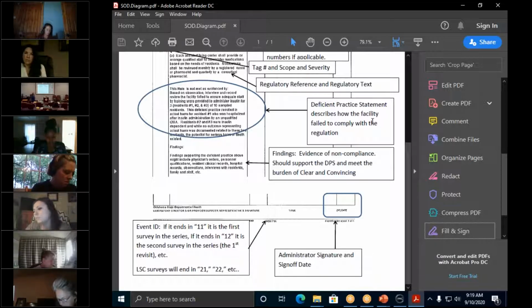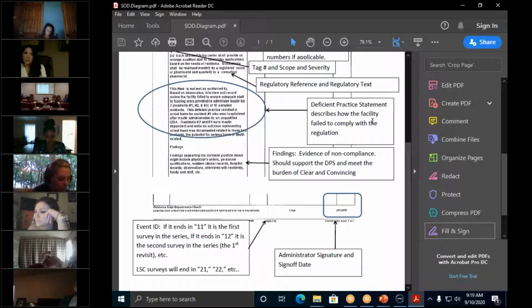There is a new email address that I will tell you about right now. If you want to send your POCs to it, it is only for enforcement. That way it's only coming to our team and not going through the complaints and everybody else to get to us.